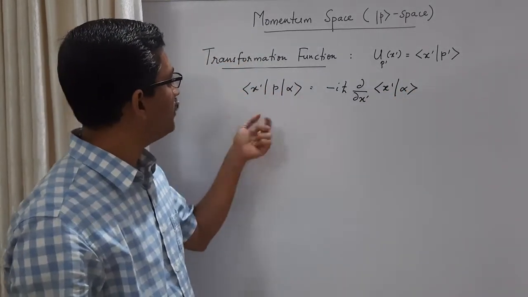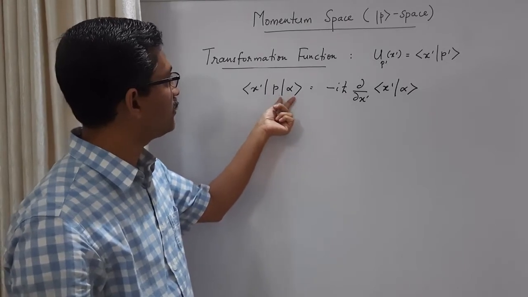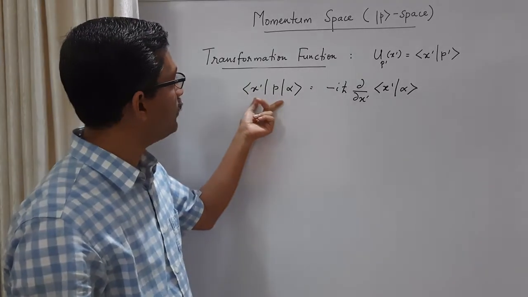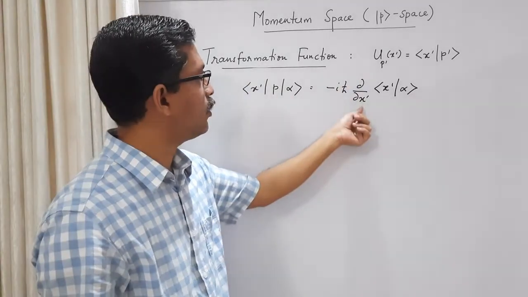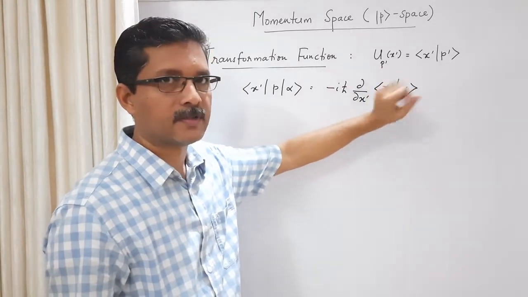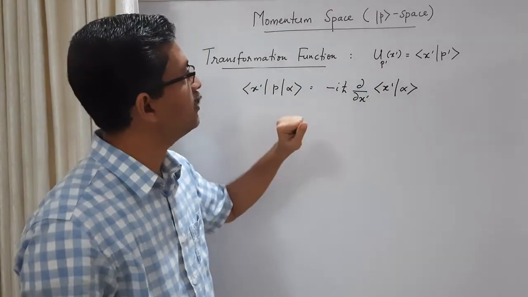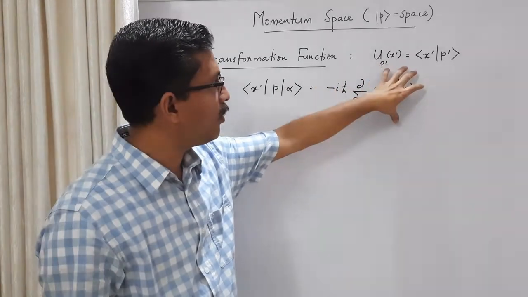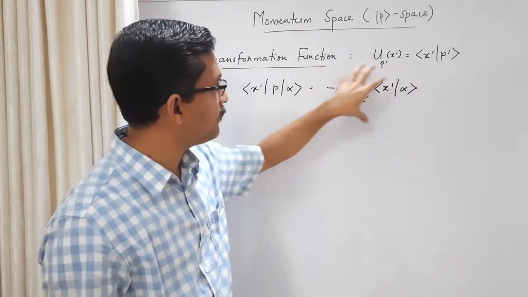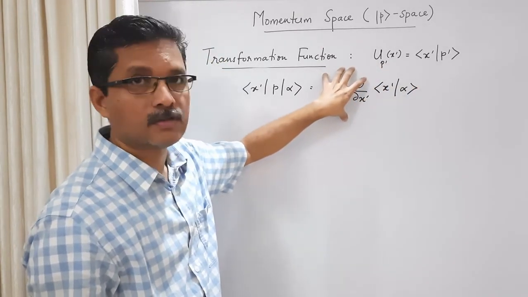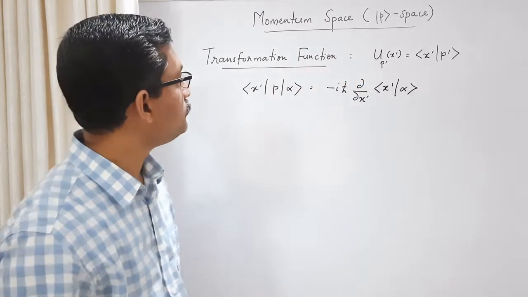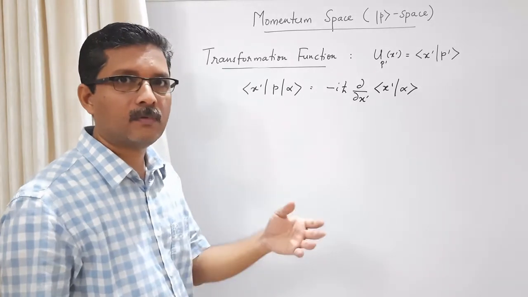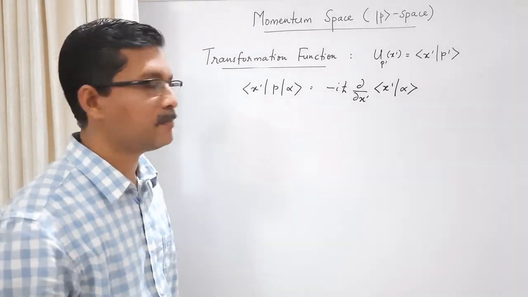This equation means that, in the language of wave functions, the action of the momentum operator on a general ket gives a modified wave function that is simply minus i h cross dou by dou x prime acting on the old wave function. We obtained this result when we discussed the position basis in the second class.